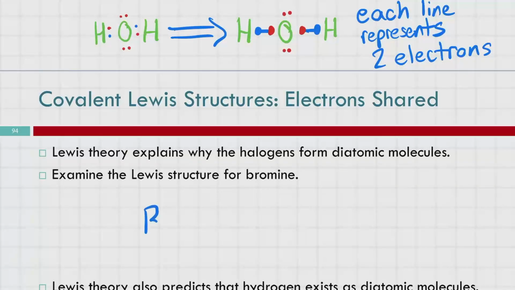So for bromine, it's going to have how many valence electrons? 7. And if there's another one around, which there probably is, if there's one, there's probably 2. It's also going to have 7.